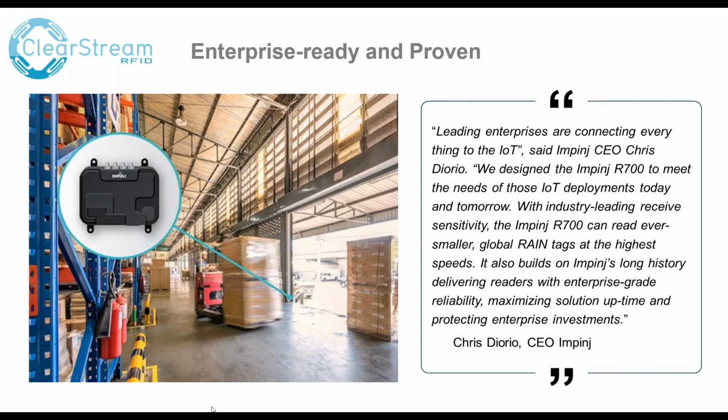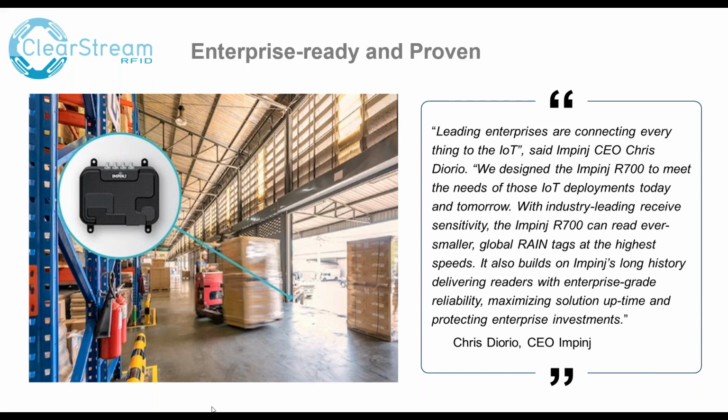The quote continues: we designed the Impinj R700 to meet the needs of those IoT deployments today and tomorrow, leading into the future, with industry-leading receive sensitivity. One of the things that the R700 currently offers is the highest sensitivity in the market, and I'll talk about that a little bit more. The Impinj R700 can read ever smaller global RAIN RFID tags at the highest speeds.